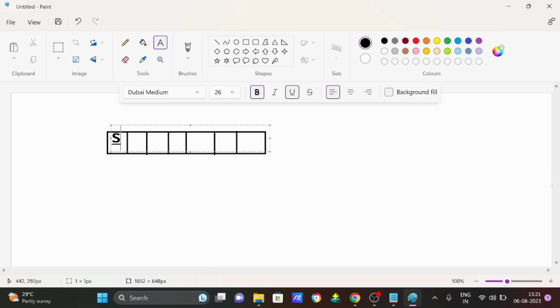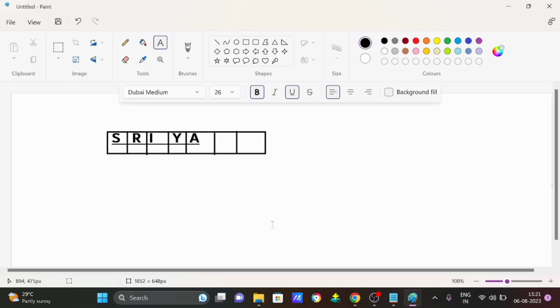S R I Y A. Now, this is the data that I wanted to insert in this particular memory block.